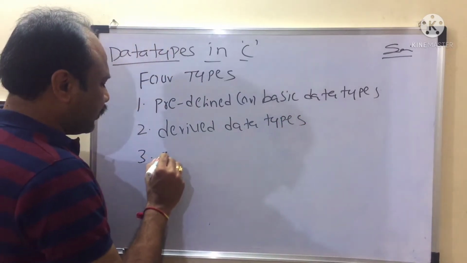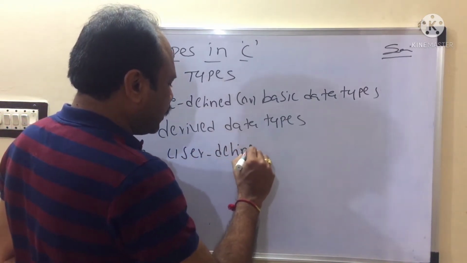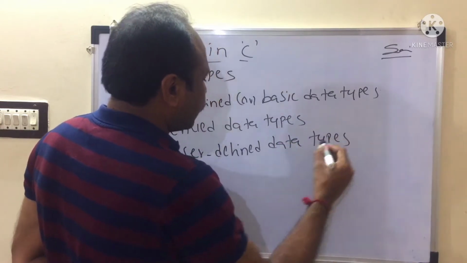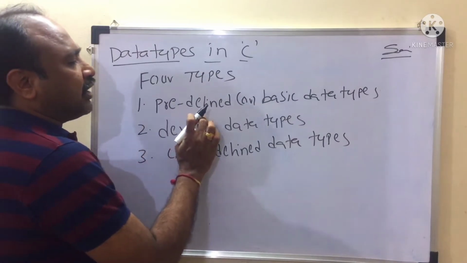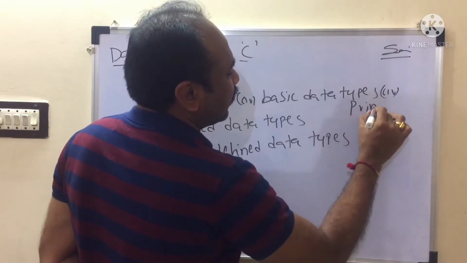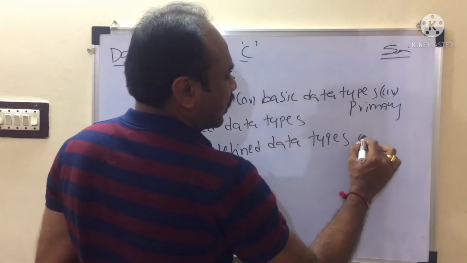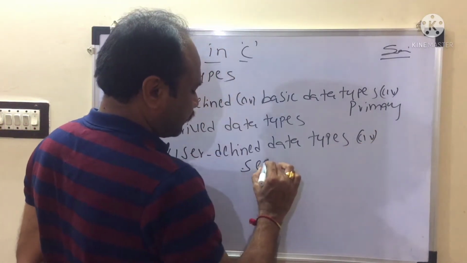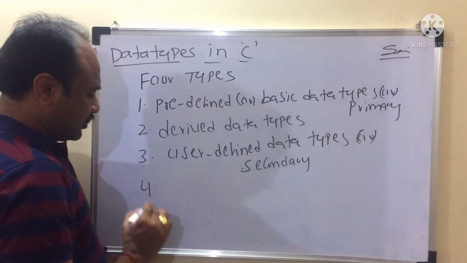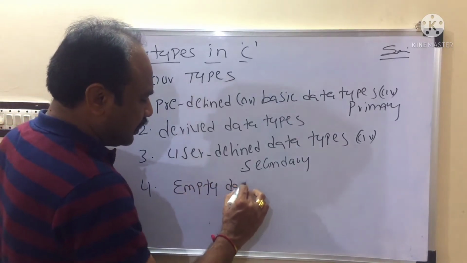Third one, user defined data types. In some books they specify predefined data types, basic data types or primary data types. Derived data types and user defined data types are also called secondary data types. Fourth one is empty data types.